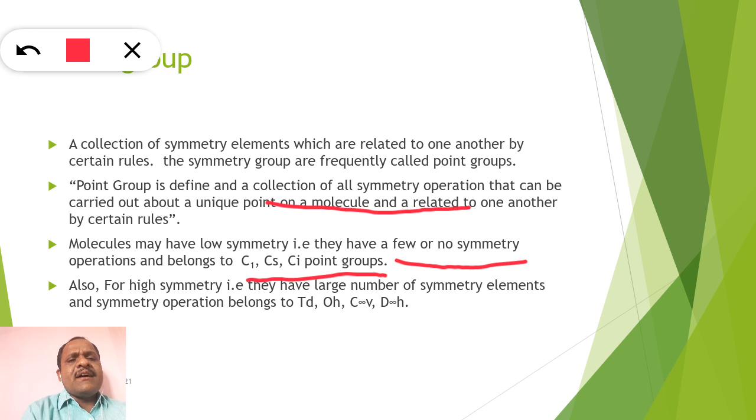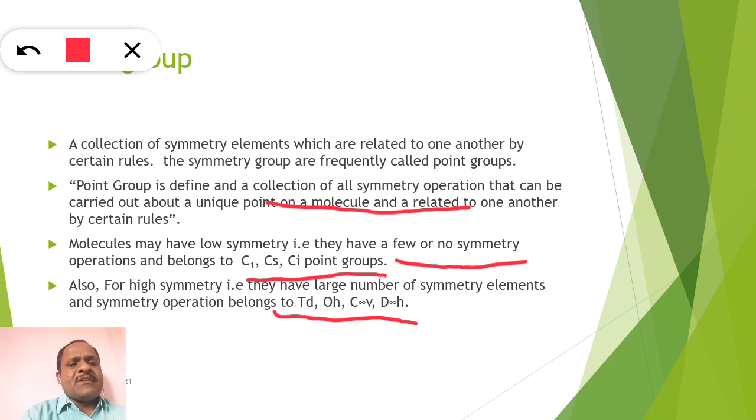Another class is the high symmetry point group. Here we have molecules like ammonia, like BCl3. In such examples, a large number of symmetry elements and symmetry operations are present. Or there are also examples where there are even more symmetry operations and symmetry elements present, and then that molecule belongs to high symmetry molecules or the high symmetry point group.